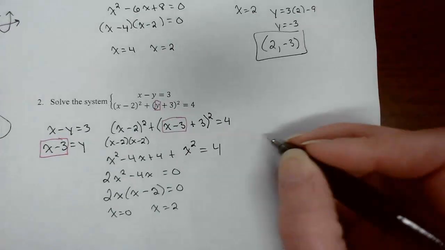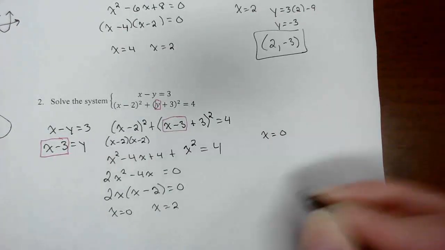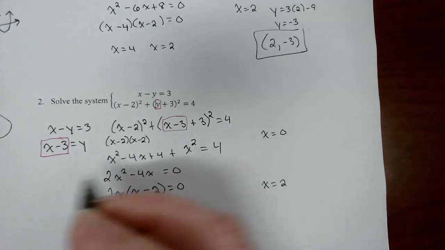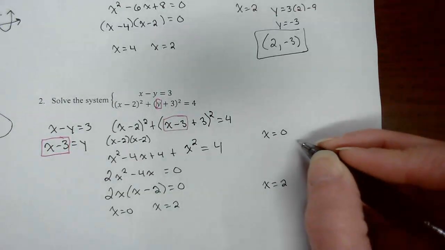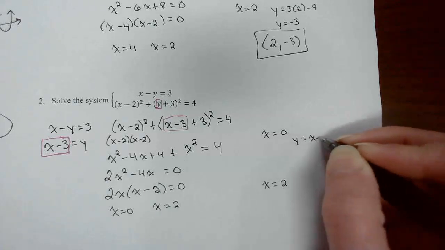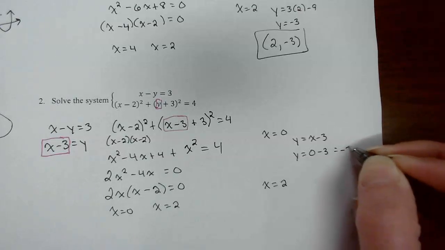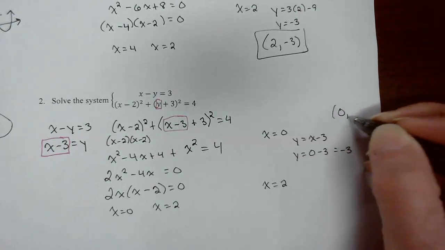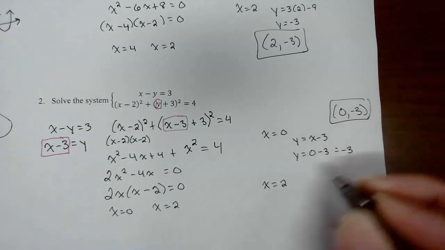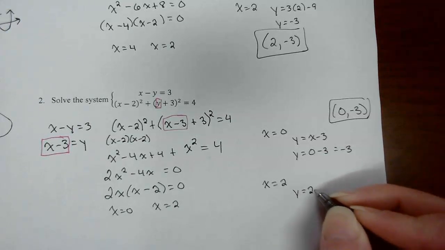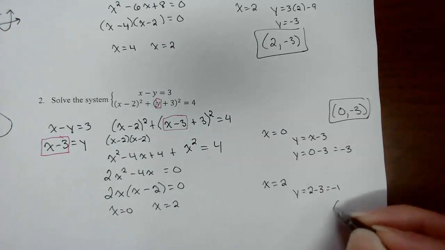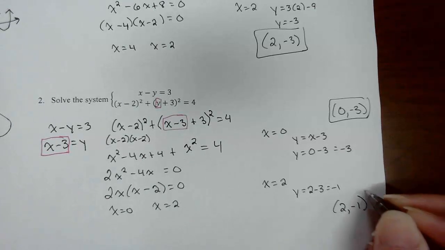Now we need to find the y's that go with them. So I'm going to plug back into that equation. If I plug in 0, I get negative 3. So we have the point 0, negative 3. And if I plug in 2, I get negative 1, so the point 2, negative 1.